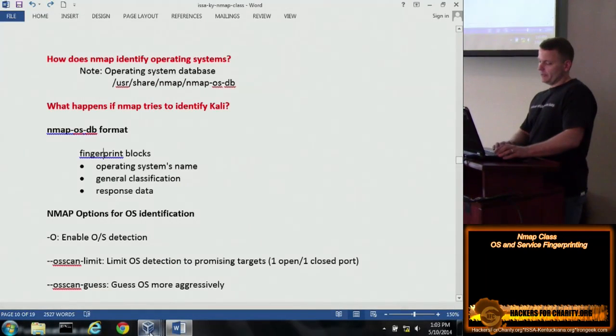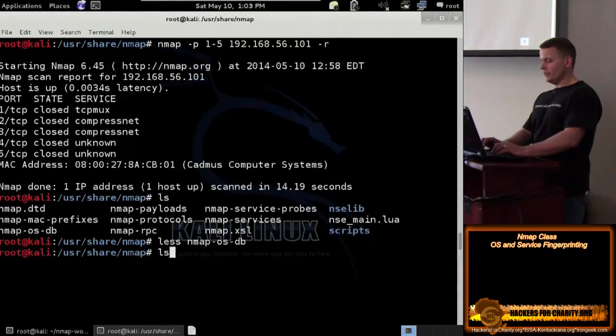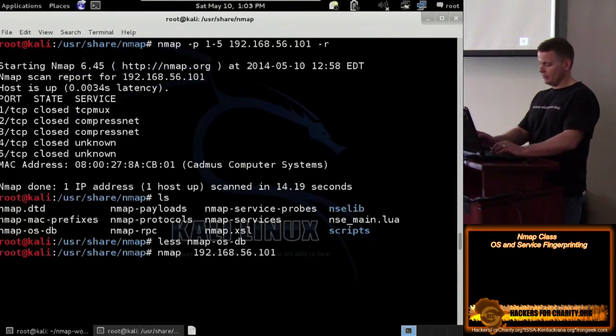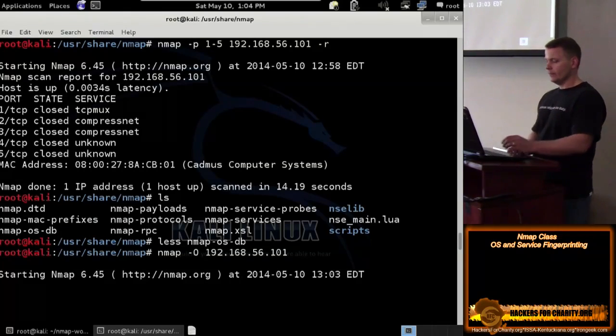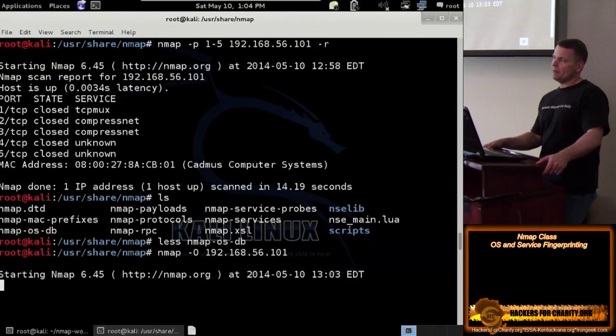So if you want to try this, go ahead and start Nmap on your target. I'm going to use just the Metasploitable again, and do the -O. Now by not specifying any other options, we are doing a default SYN scan at the same time.